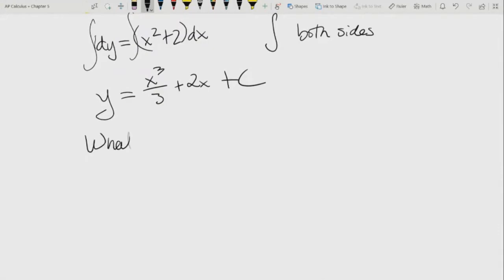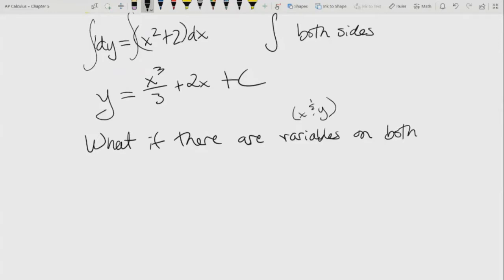What if there are variables on both sides? By variables, I mean, what if we have x and y on both sides of the equation mixed up together?